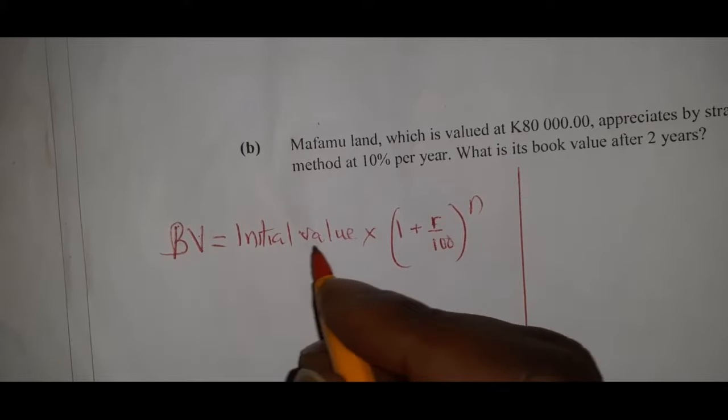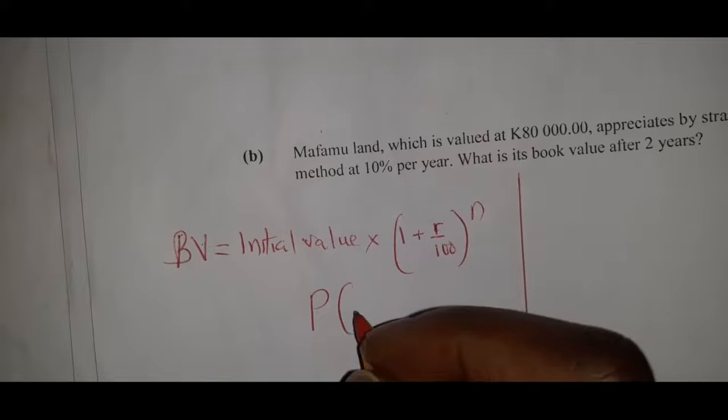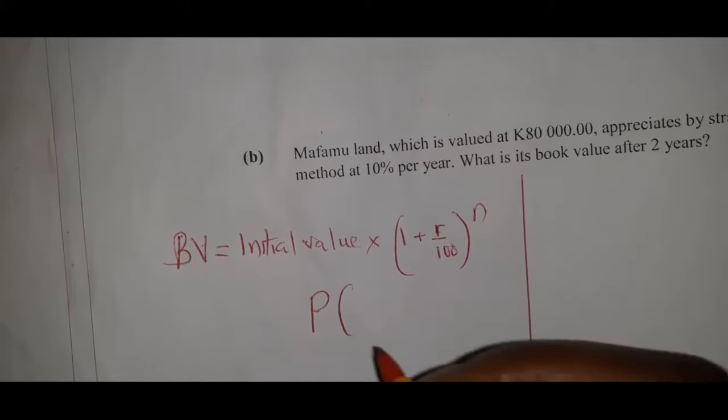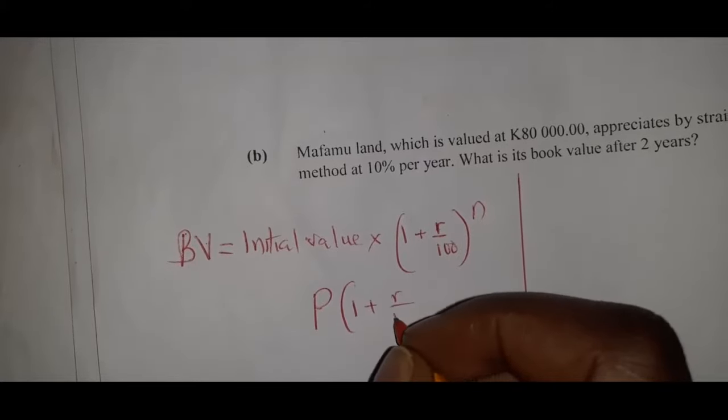In some books it's the principal amount multiplied by 1 plus R.